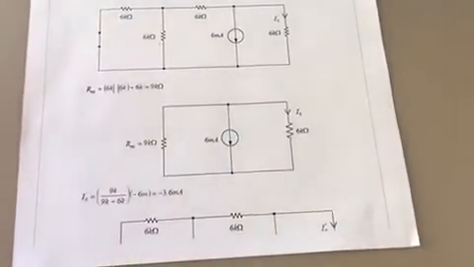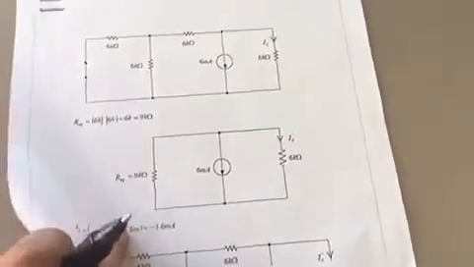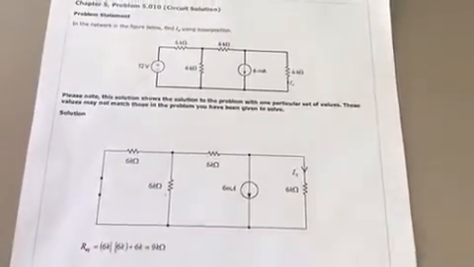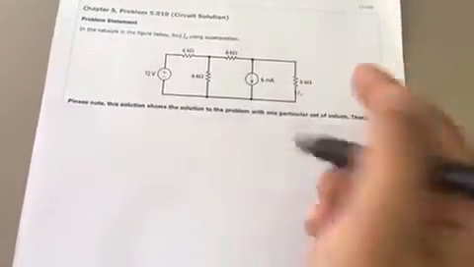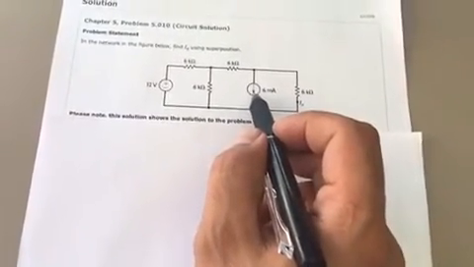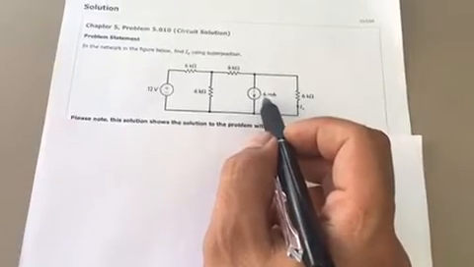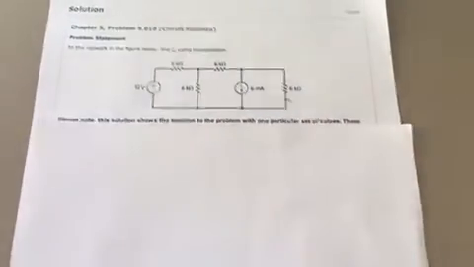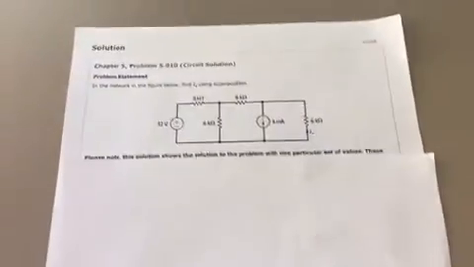Okay, so the next step is to short, okay, we already have shorted that. So we are going to take this one out. Taking the current source out means having the 6 milliampere out of that, so it is an open circuit.